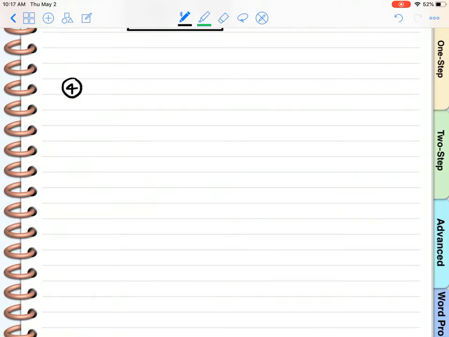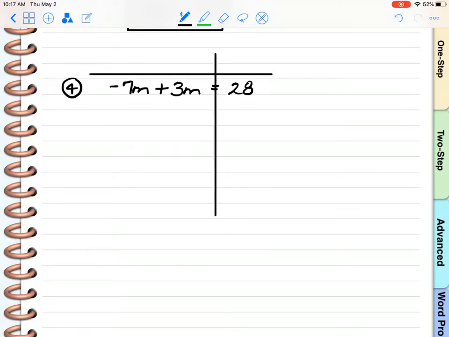Okay, number 4. This one actually seems kind of tame compared to the others. So my variables are separated, but they're on the same side. And then this is the constant. So I need to combine my negative 7 plus 3, and that's exactly what you type in the calculator.